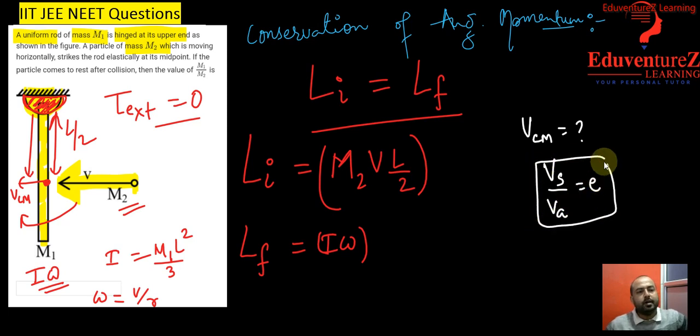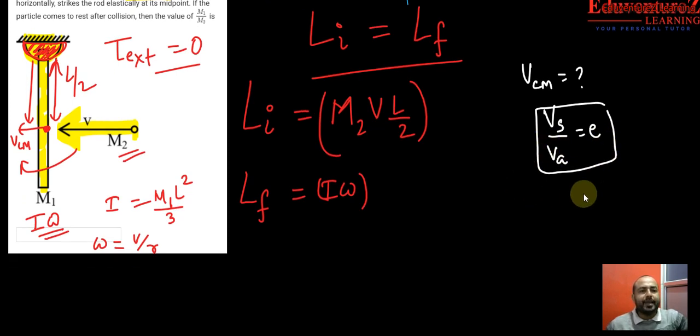The velocity of separation is the velocity of the center of mass of the rod. The particle is approaching with velocity v and e is equal to 1, so the velocity of center of mass of the rod is also v. So omega is v upon L by 2.